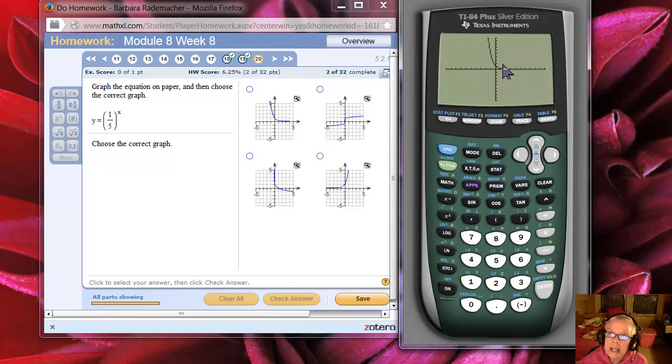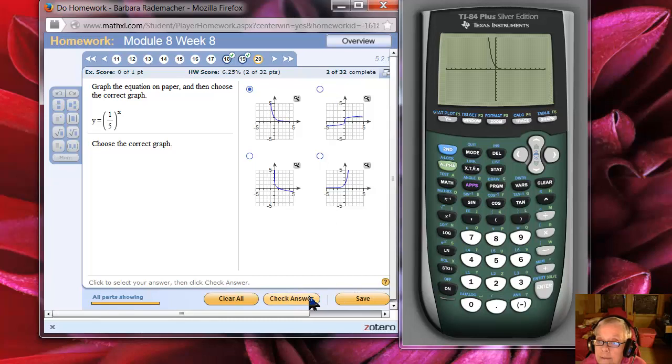Now, the x-axis is the horizontal asymptote. This is really going to be traveling along the x-axis, getting ever closer and closer and closer to the x-axis, but never quite touching it. All right, and this, I believe, is what we're looking for.